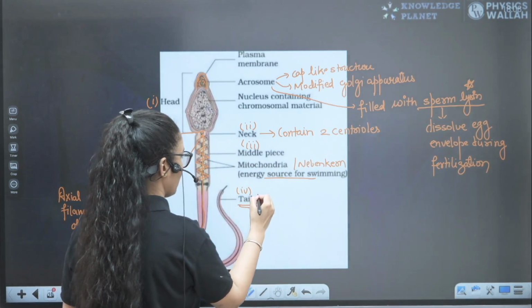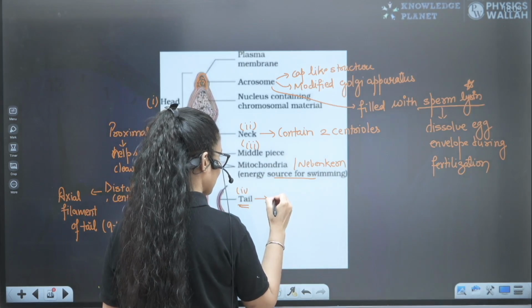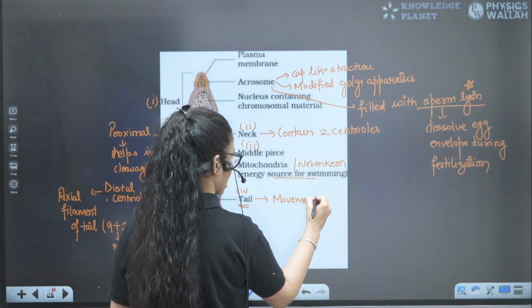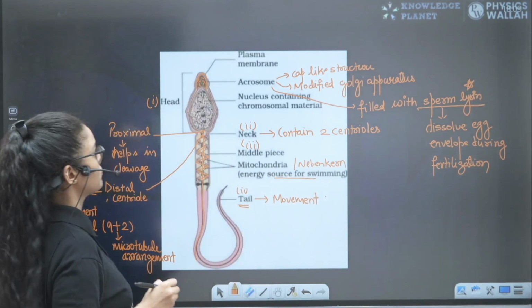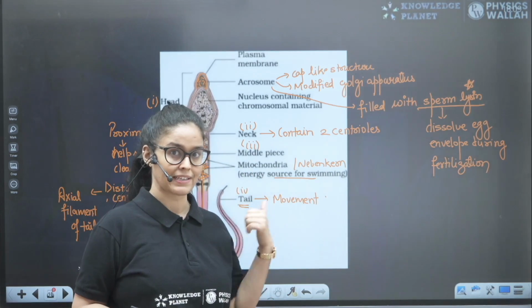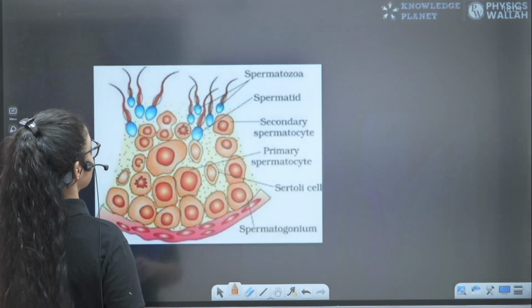And the tail, which is also a filament, helps in motility, the movement of the sperm. That's all. We are done with the structure of the sperm that they can ask you in the exam. I have told you what kind of questions they have already asked. So let me take you ahead.